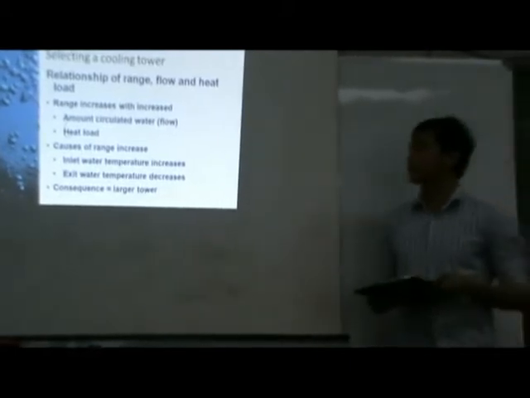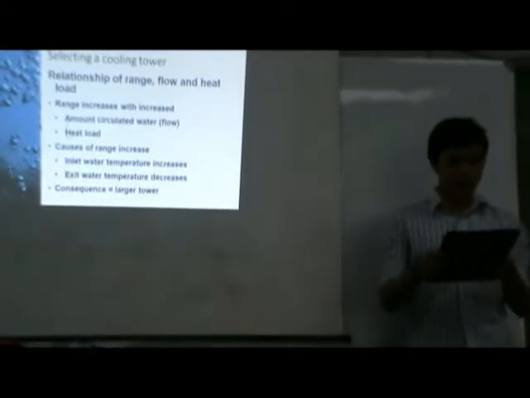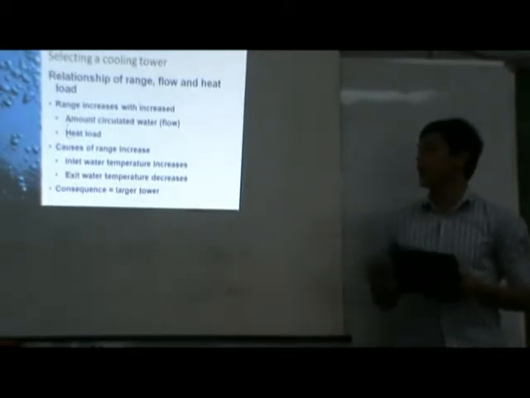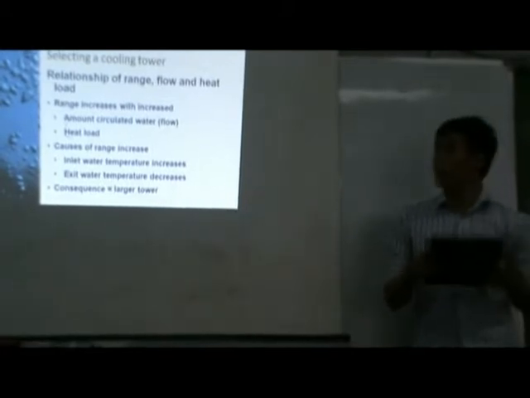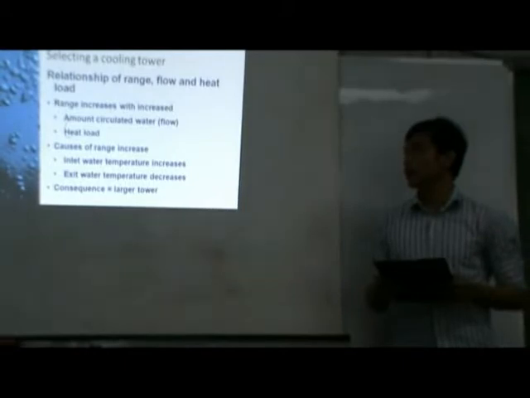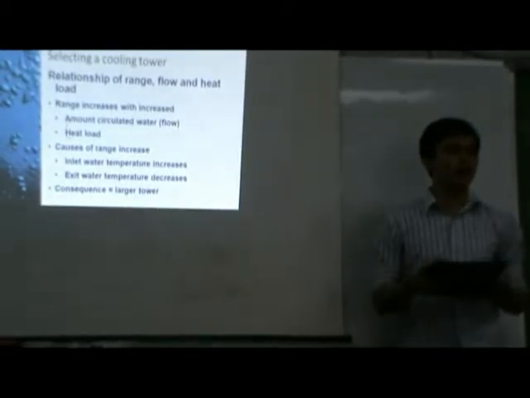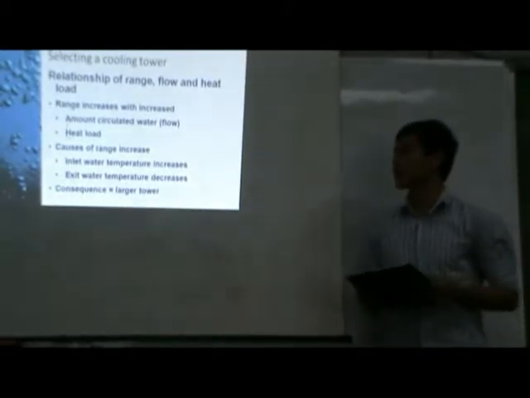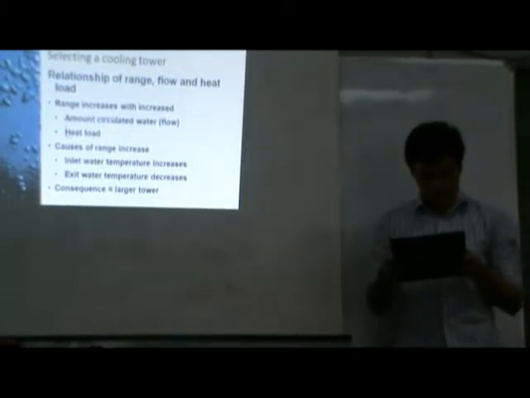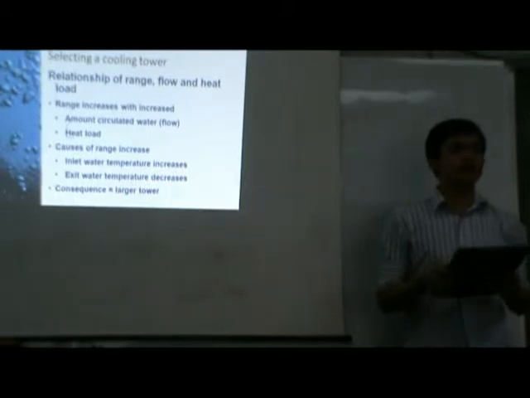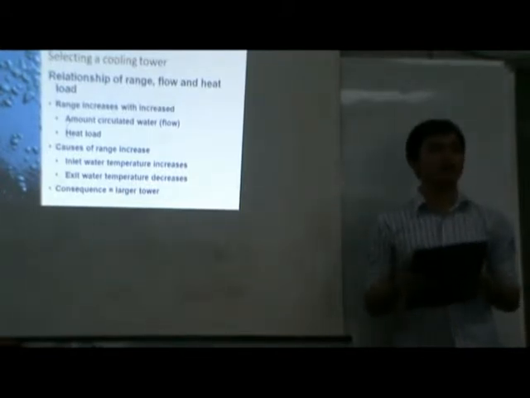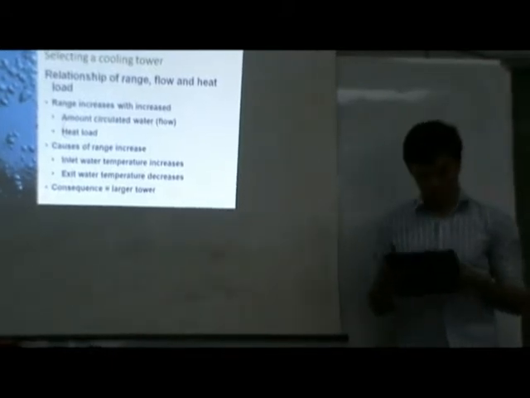Kailangan din natin consider sa selection of cooling tower ang relationship of range, flow, and heat load. As range increases, the amount of circulated water also increases. So it means higher heat load. Kailangan natin ng higher heat load. So cost of range increase. Di ba yung range is the difference of the hot water temperature and the cold water temperature.